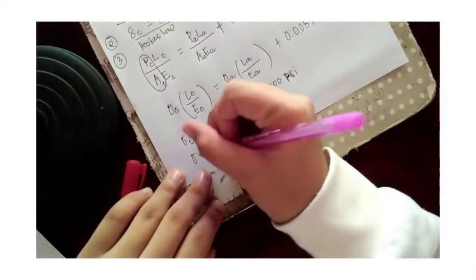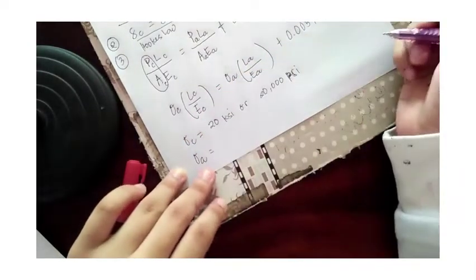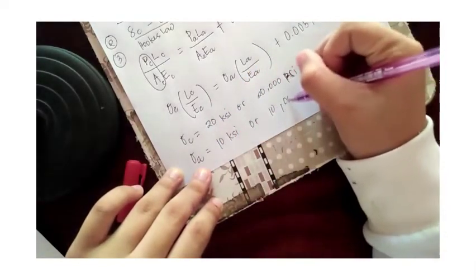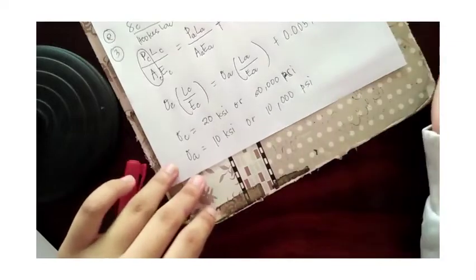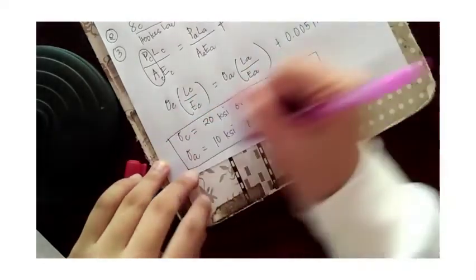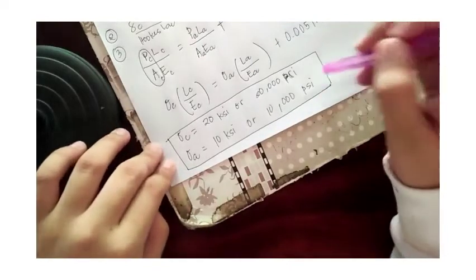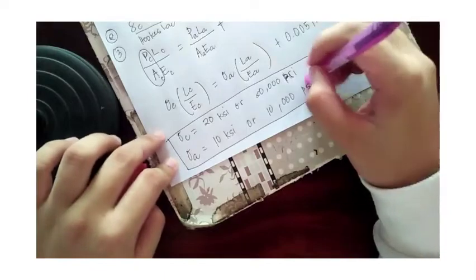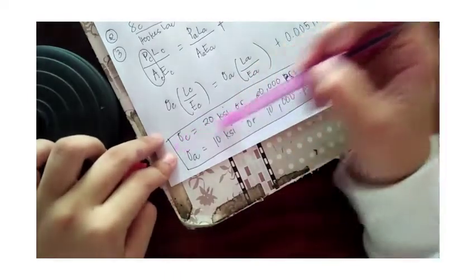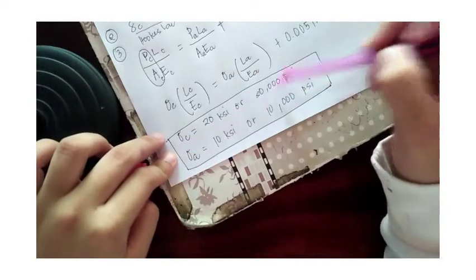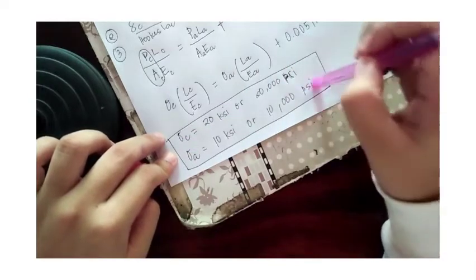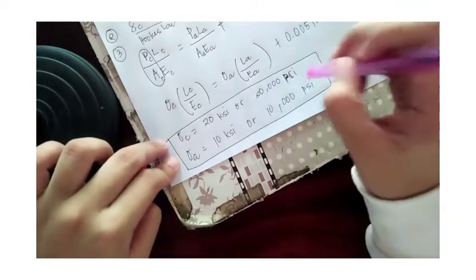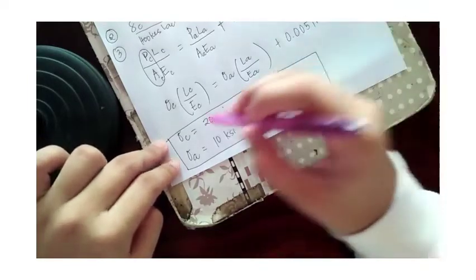And then, the stress of aluminum is 10 KSI or 10,000 PSI. So, this given in the problem will be the limitations on our stress. For example, if we get a stress of copper greater than 20,000, meaning the stress we used in the equation is wrong. We need to get values equal to or less than these values.